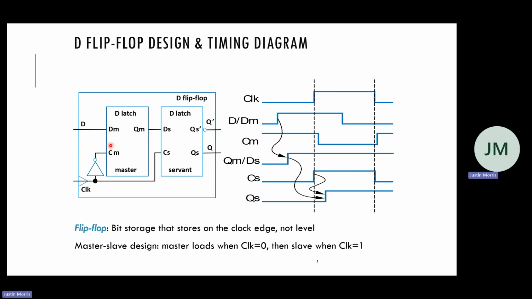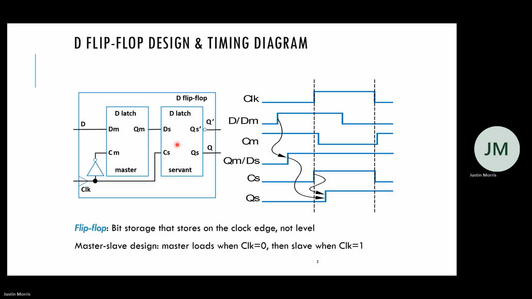That means S and R are both 0, so we hold our output. During this whole period, this is holding the previous D.